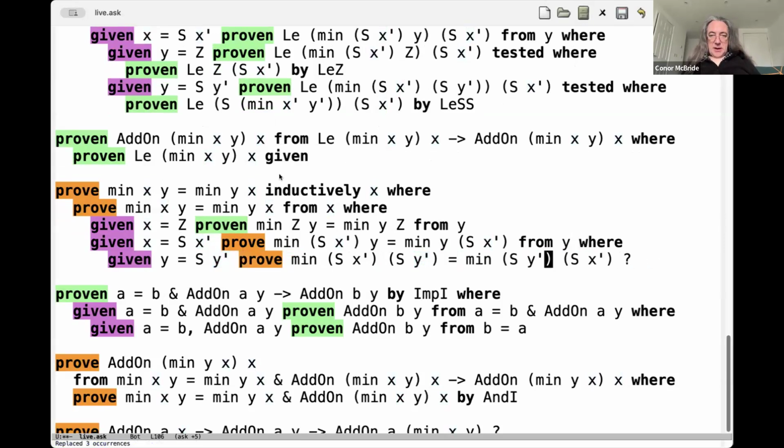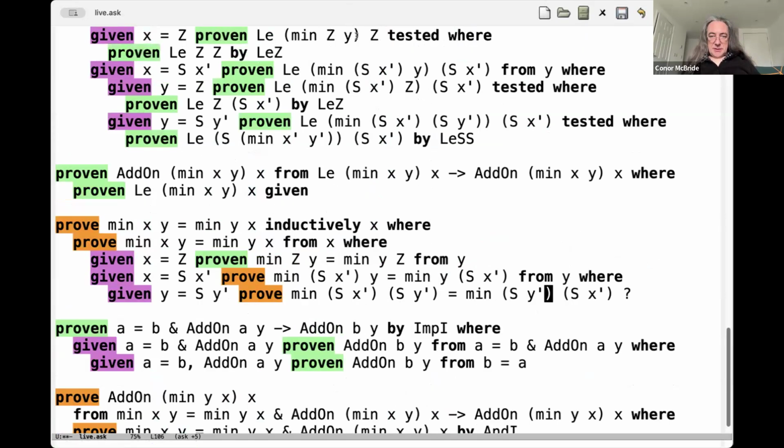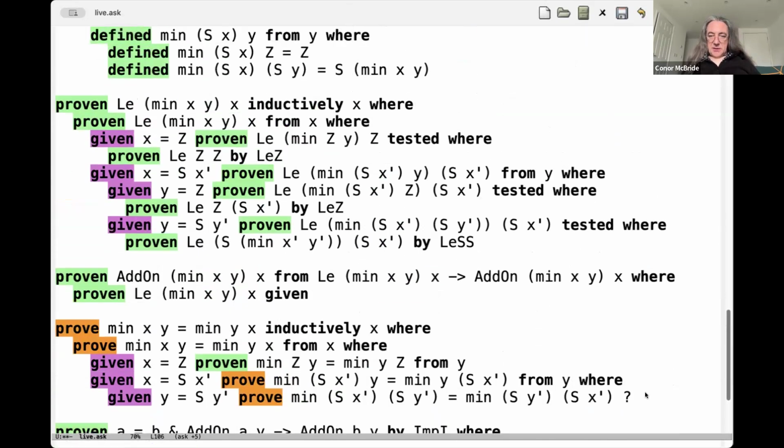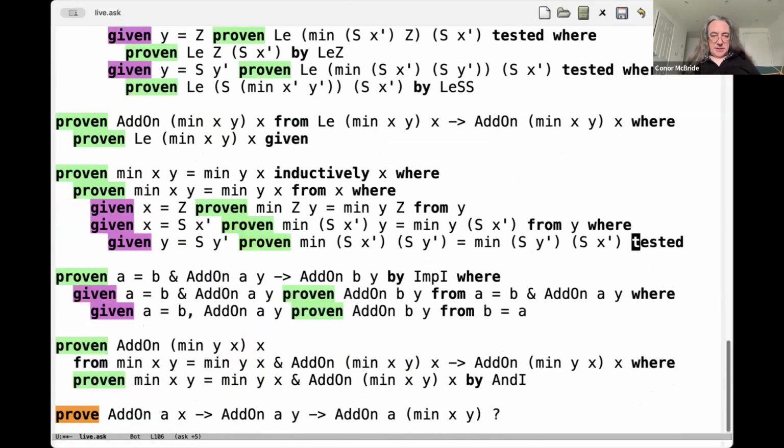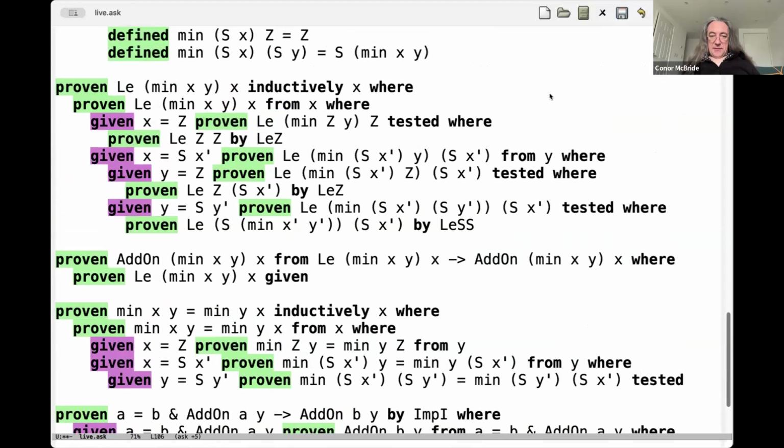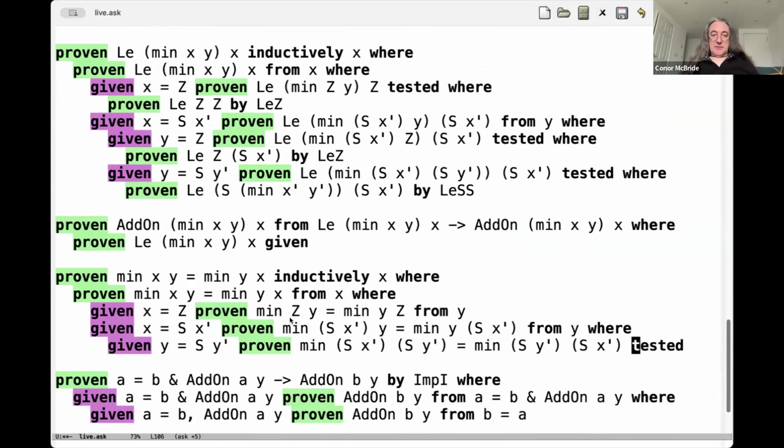Right. Okay, and in this step case, I'm in exactly the situation where my zoom window is stopping me seeing what I'm doing. We say test, and that's actually enough to reduce it to the induction hypothesis. The successors bubble to the outside where they get stripped away, leaving us exactly with the same goal, but for the primed things.